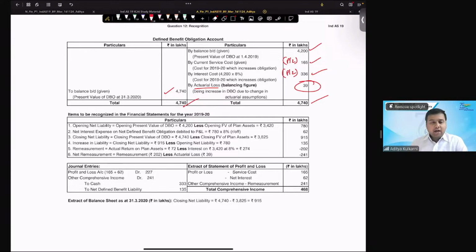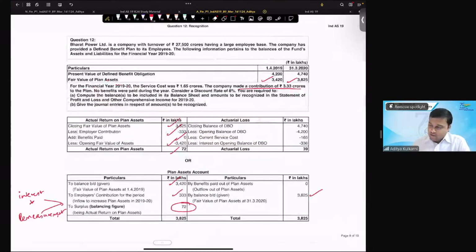Okay. So now, how do I recognize these items in the financial statements? Netting it off. First one, opening. In opening, I am having obligation and plan assets. What is it? Net defined benefit asset or net defined benefit liability?